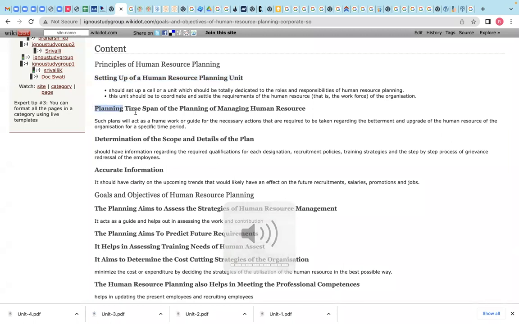Second, planning time span. There should be a framework and a plan for this department to act on. So they need to create a plan and also associate a specific time period for when exactly these planned elements need to be done. So first thing is setting up. Second thing is they need to do some kind of planning and associate a timing to it.